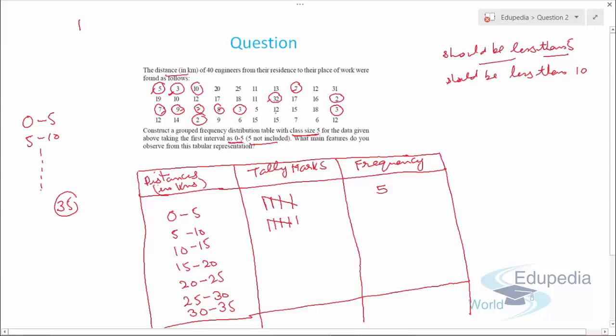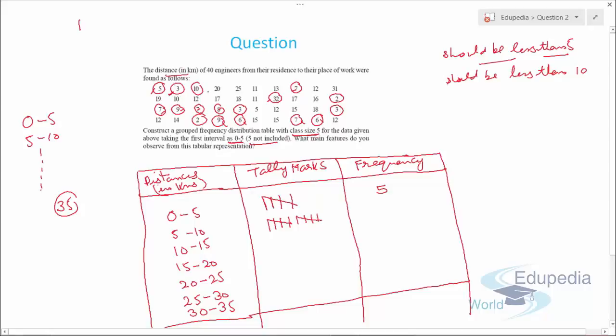Now again we need to count. This is 12, 18, 3. Then we have more values. This is 1, this is 2, right, and this is 3 and this is 4. So we need to draw more lines, 1, 2, 3 and 4. So we have 10. We need to search, is there any value left? We need to be very careful.